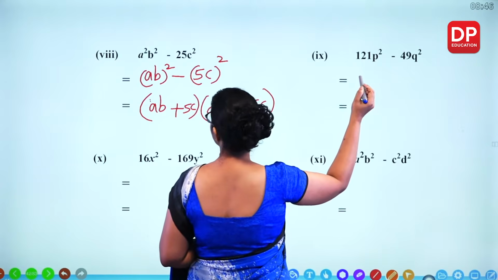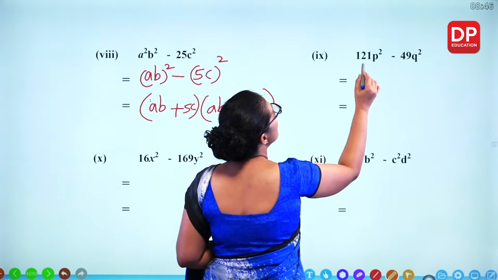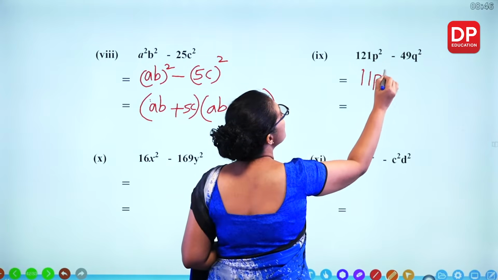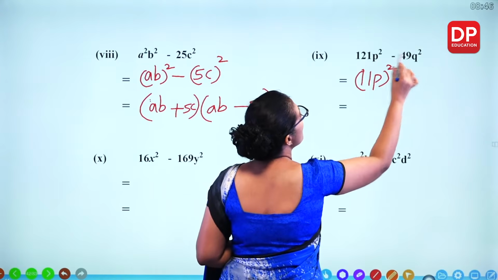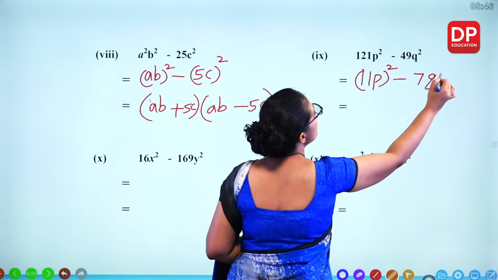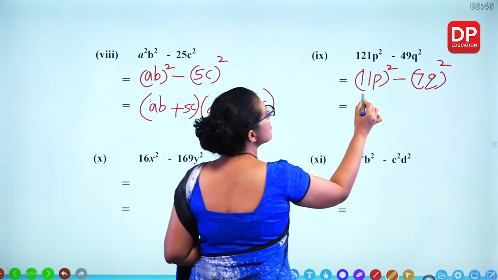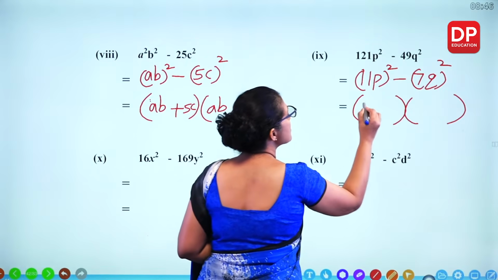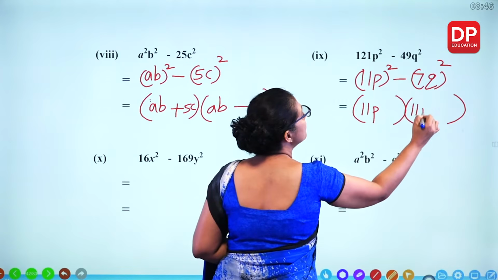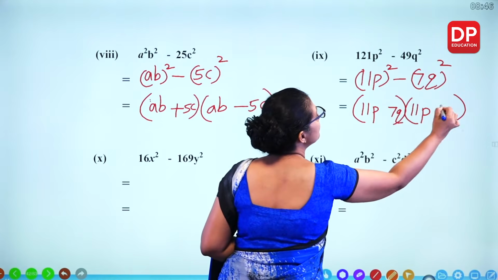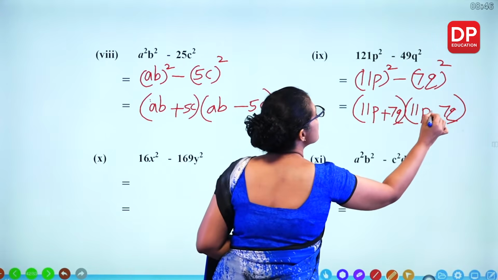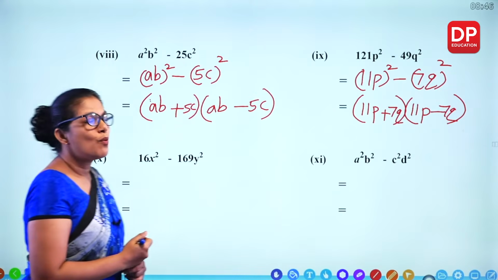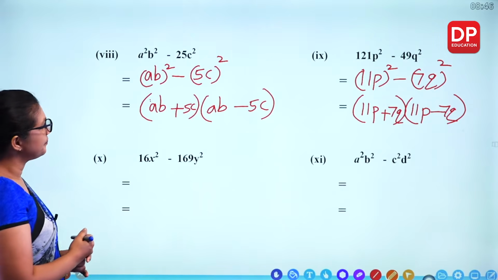This one, 121 is 11P whole thing squared. 49 is 7Q whole thing squared. So how you write down the factors? 11P, 7Q. One is positive and the other one is negative.